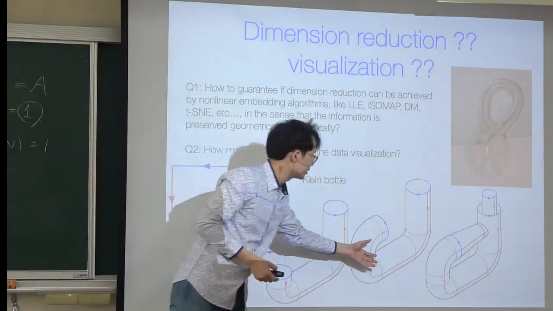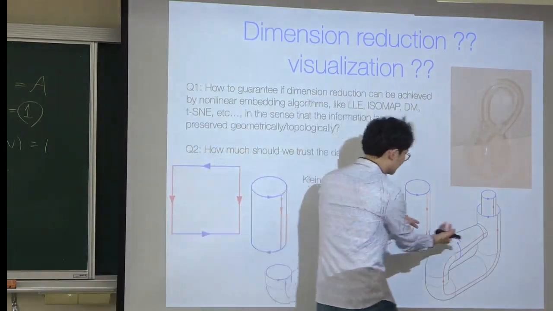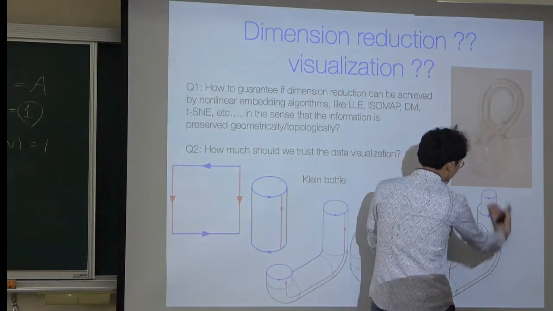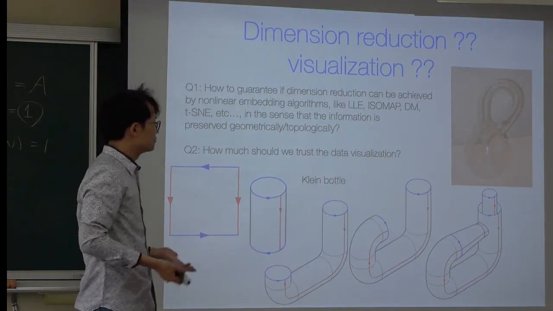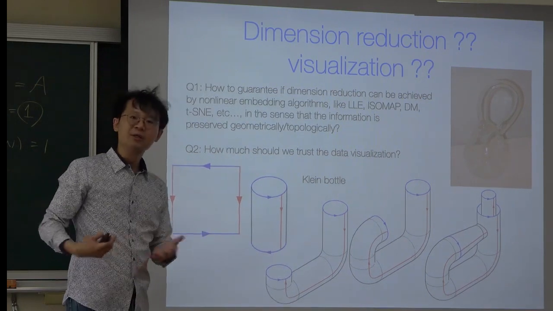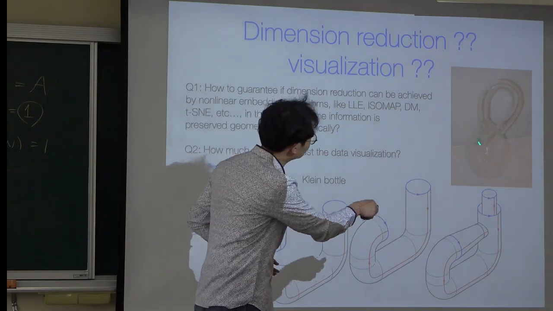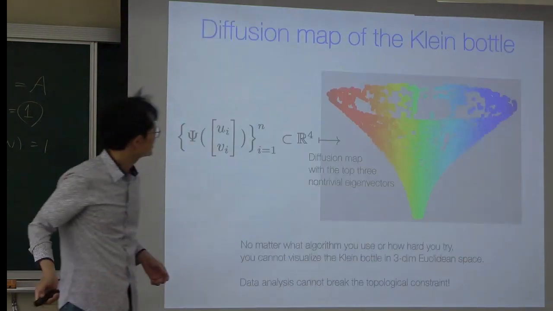So that it's not really orientable, or you have to pierce a hole and make the connection, which in three dimensions is impossible without destroying the topology. And this is a Klein bottle realization in three-dimensional space.